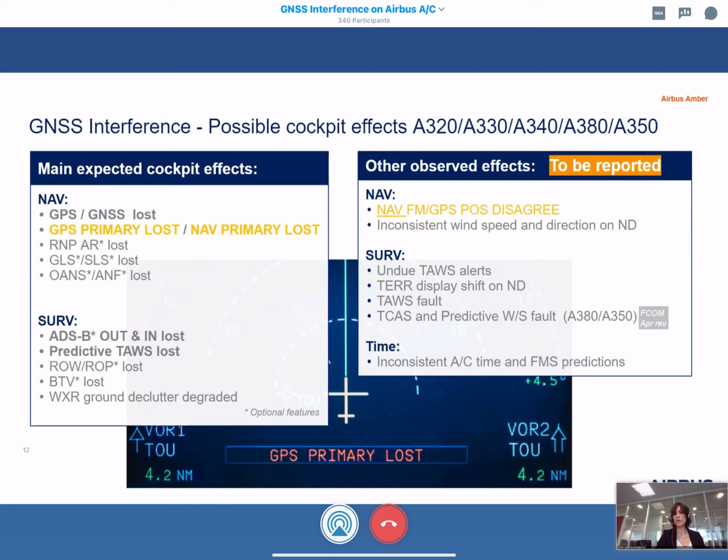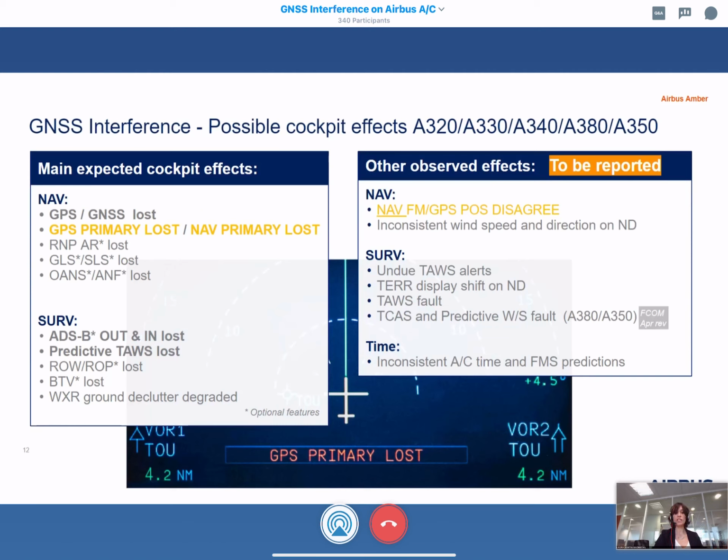We could also have inconsistent wind speed and direction on ND. And regarding surveillance, we could have anti-UTOS alert, terrain display shift on ND, TOS faults, TCAS and predictive wind shear faults for A380 and A350, and inconsistent aircraft time and FMS predictions.